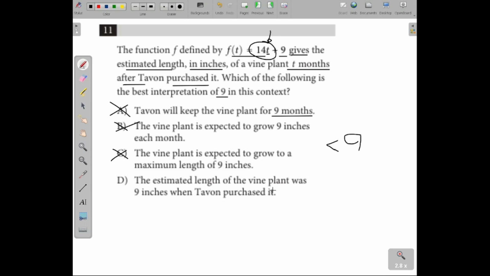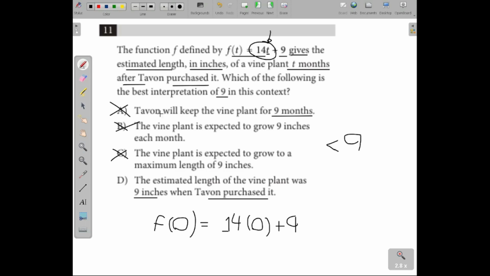And this says that the vine plant was 9 inches when Tavon purchased it. Well, that makes sense if we look at the function. When it's 0 months, or when it was purchased, it will look like this. 14t is 0 plus 9.